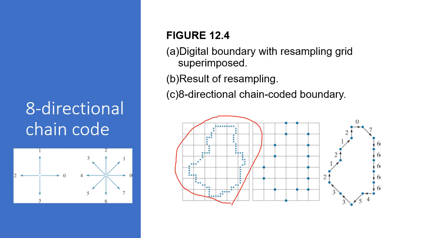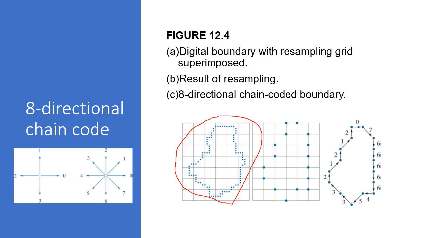If we take the chain code directly from the pixel level boundary, then the number of the chains would be very high, thousands, even 10,000 or so.